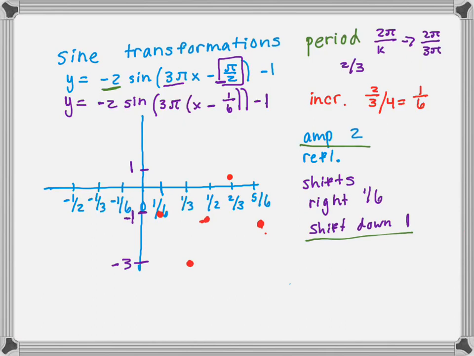Okay, and then for the other way, we're actually going to go the opposite, remember? So for sine graphs, it always goes the opposite. So normally we would go down here, but because it's reflected, we are going to go up. And then we're going to come back down there. And then it's going to come all the way down.